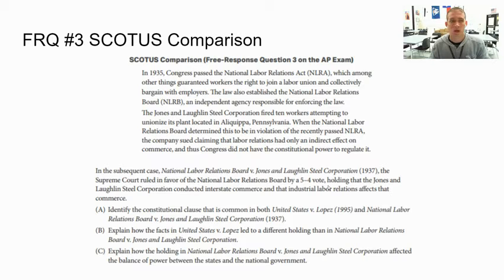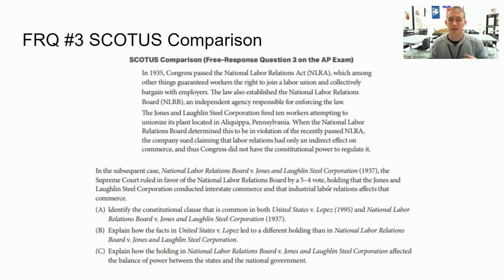Lopez, right? And so if you remember that in U.S. v. Lopez, one of the big things was Congress was trying to create gun-free school zones based on the fact that you purchase guns and that is commerce. Therefore, it falls under Congress's power of the Commerce Clause, and people thought, whoa, that's a bit of a stretch, right? So it's kind of similar things being talked about in this new concept that the excerpt brings to light.